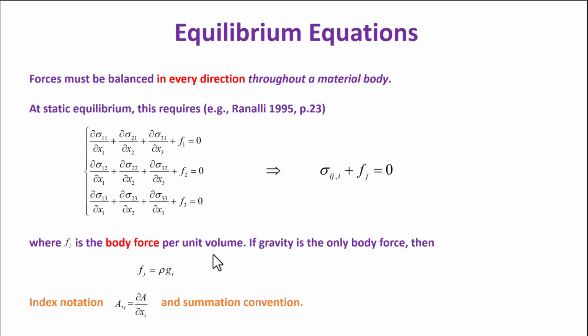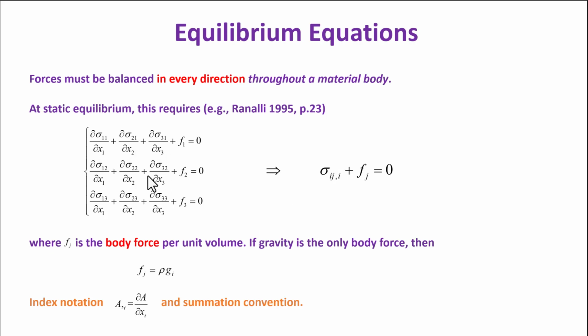Here it's using not only the summation convention but also a comma convention. A comma means derivative. A,i means derivative of A with respect to spatial coordinate x_i. So this shorthand represents these three equations.